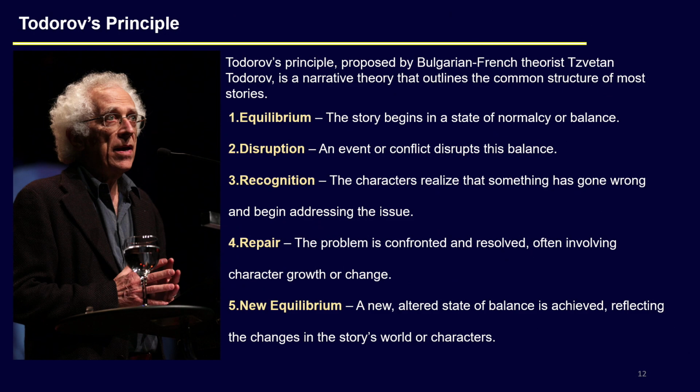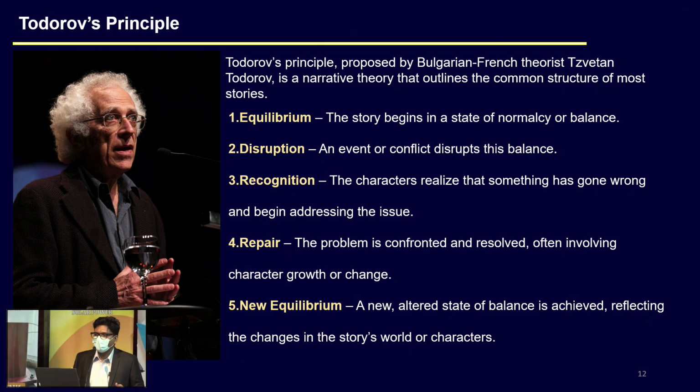This is called Todorov's principle. He was a famous Bulgarian French theorist who talks about how a story is developed. This is important because, as I said, there is no proven theory behind how to create a graphical abstract or visual communication. But Todorov's principle is important to build that hype.